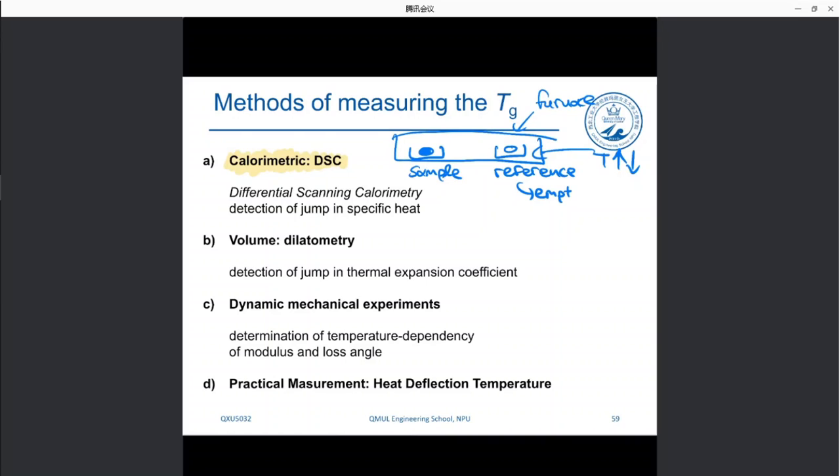Another very important method to measure the glass transition temperature is dynamic mechanical analysis, or dynamic mechanical thermal analysis, as some people call it.